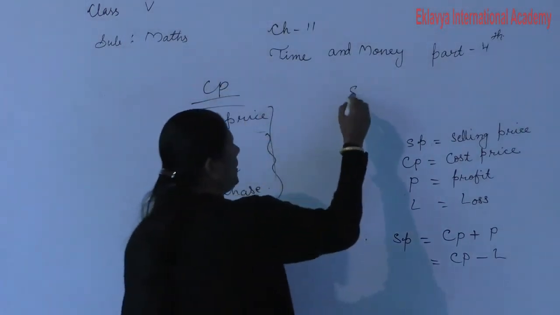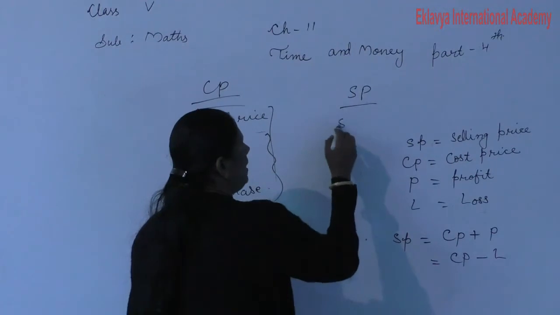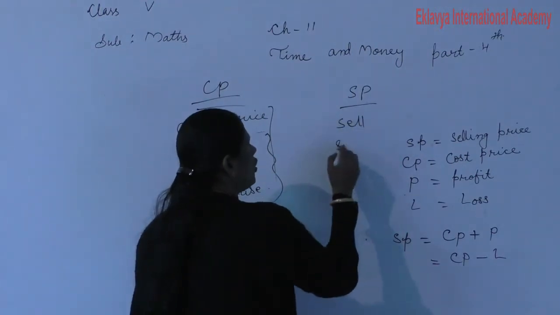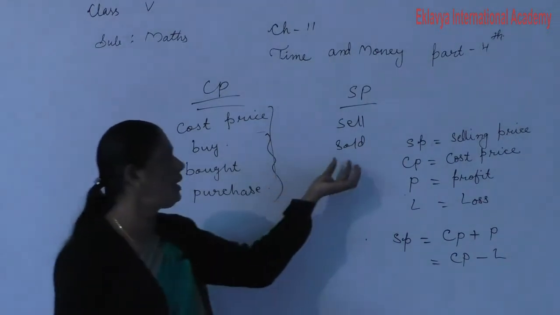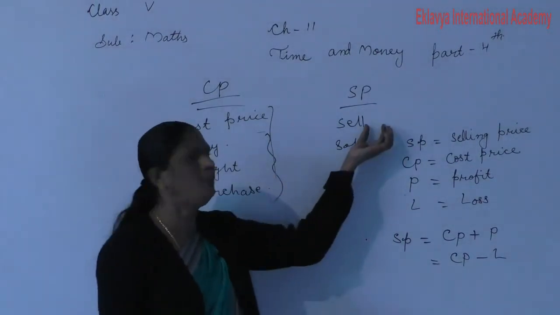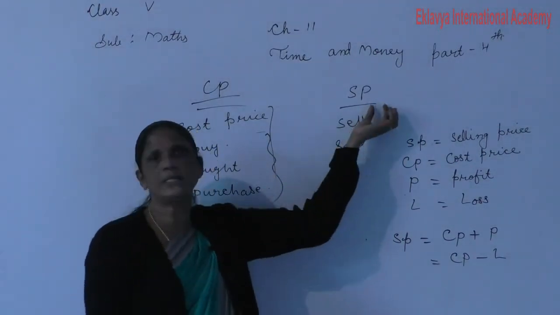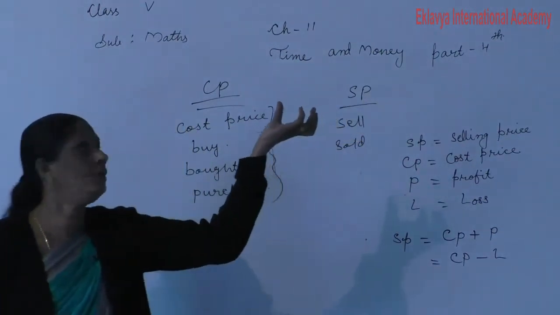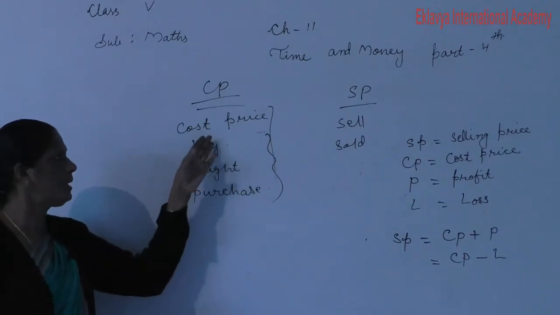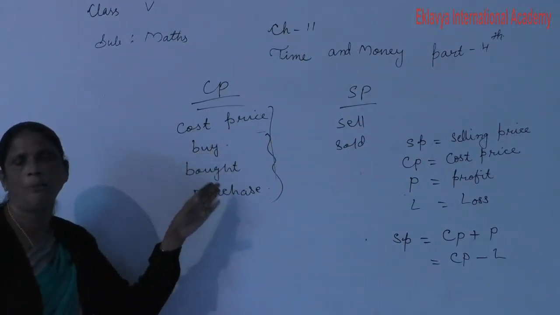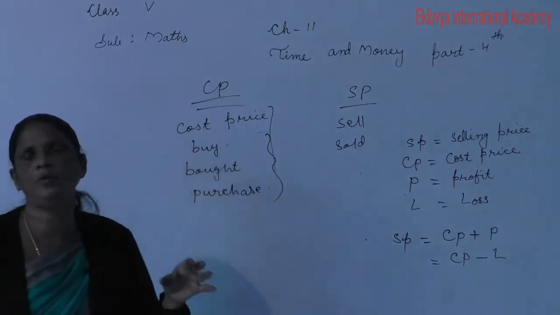Then SP: sell or sold. Sold is the past tense of sell. When sold or sell comes in the question, that is SP. Understand? Then CP: this is cost price, when buy, bought, purchase come in the question.